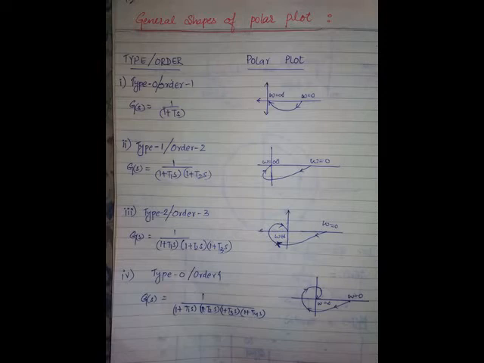Type 1, order 3. T1s, T2s. Starting omega 0, ending omega infinity.